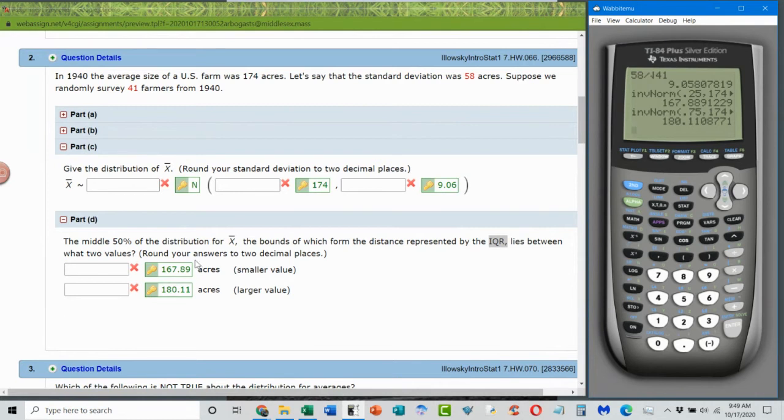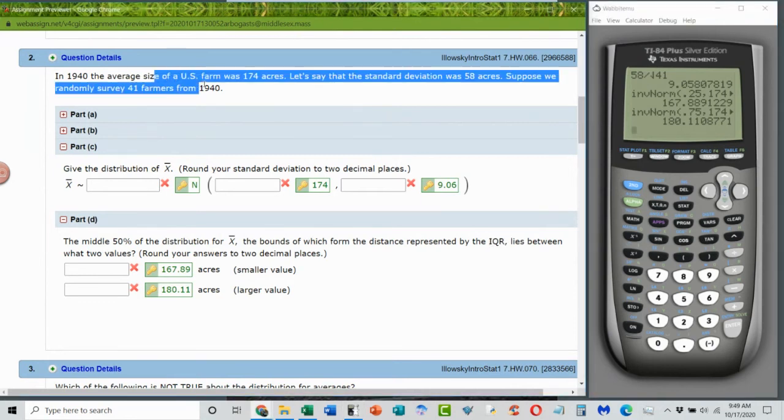The middle 50% are between those two acreages. And that's why it's far more useful than knowing a single piece, because like I said, I would never have any idea how to calculate this because they don't tell me what kind of distribution it is.